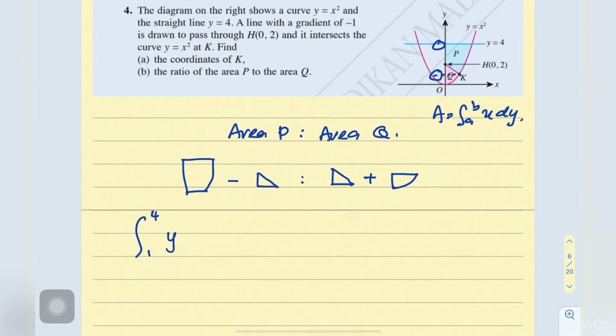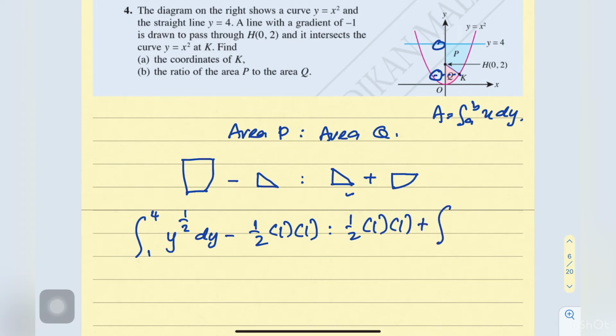So the integral of y power of 1 over 2 dy, minus for the triangle, 1 over 2 times base 1, height 1. Then another triangle here, 1 over 2, same triangle actually. For this shaded region, lower limit is 0, upper limit is 1, x dy, so x is y power of 1 over 2 dy.